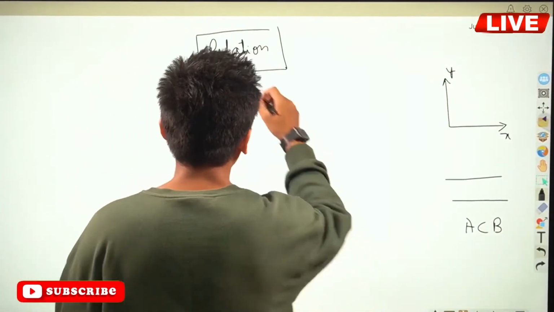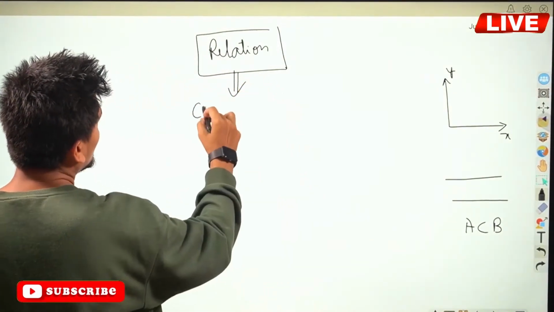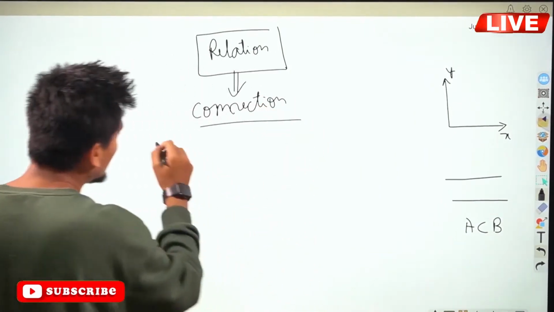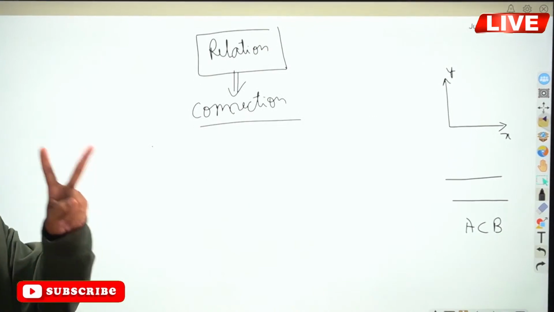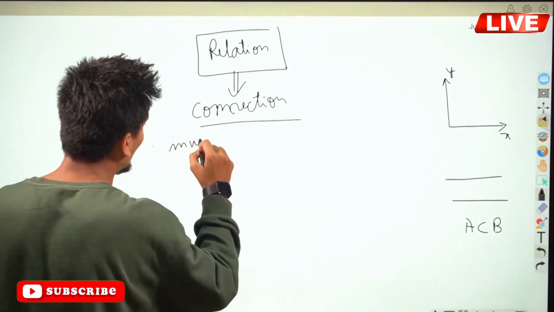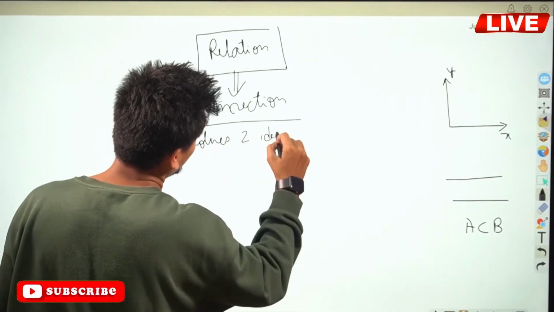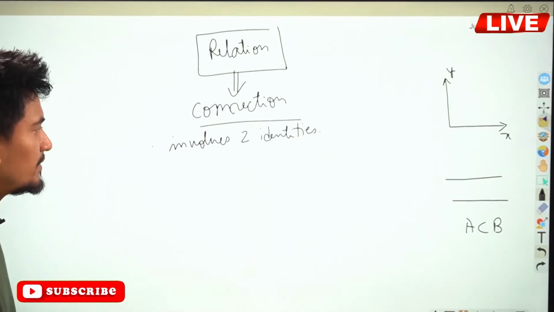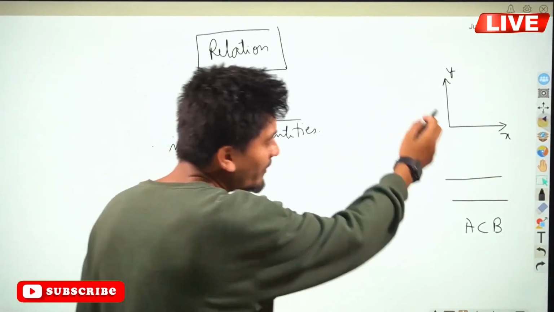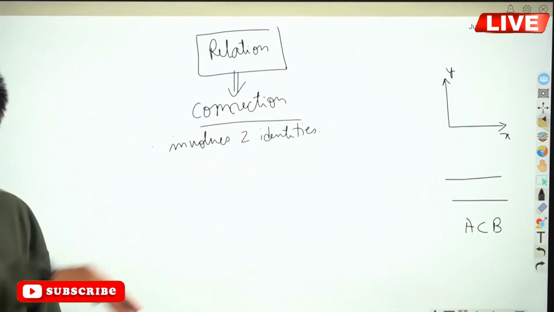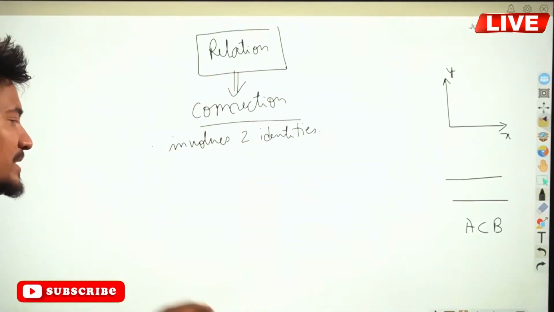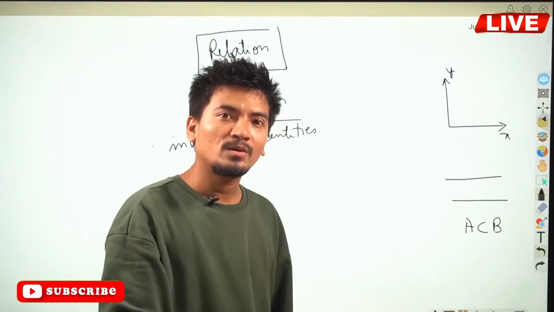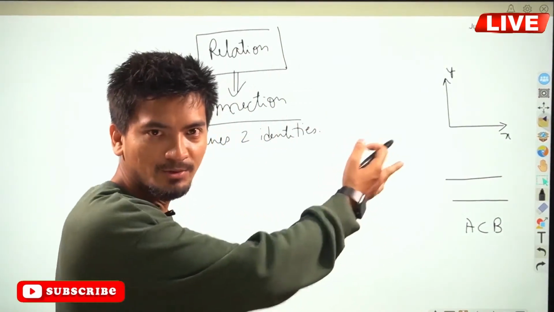Now, relation, what we have understood, relation means connection, right? It is a form of connection, and connection always involves two identities. Now see, so everyone is in a relation with each other, right? Now see here, are these relations the same or are they unique? Everyone is unique, right?